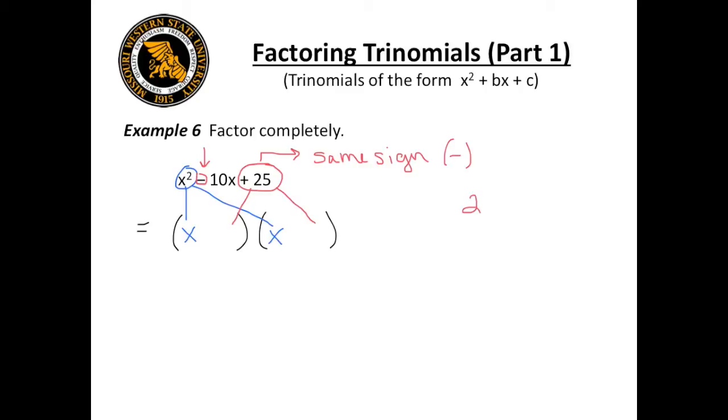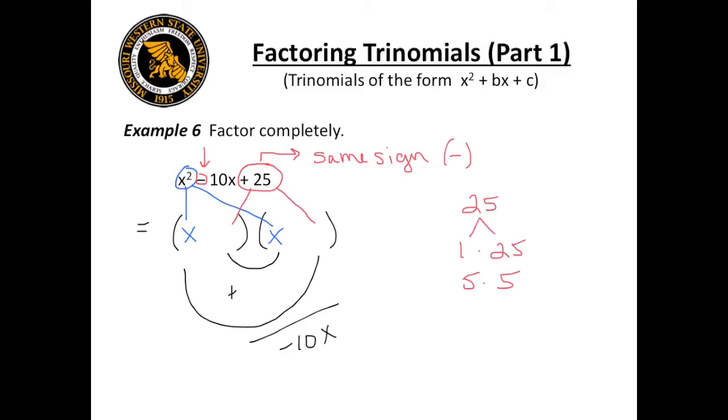So, considering the factor pairs of 25, 1 times 25 and 5 times 5, and keeping in mind that the inner product plus the outer product is supposed to give us negative 10x, that middle term in our trinomial, we can determine that the 5 and the 5 make up the factor pair that we need.